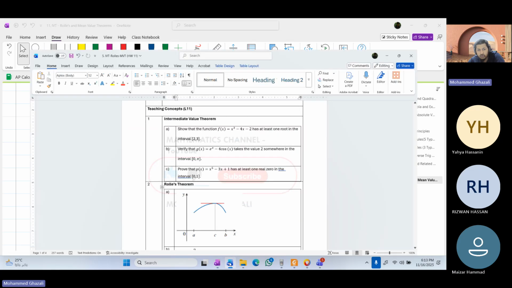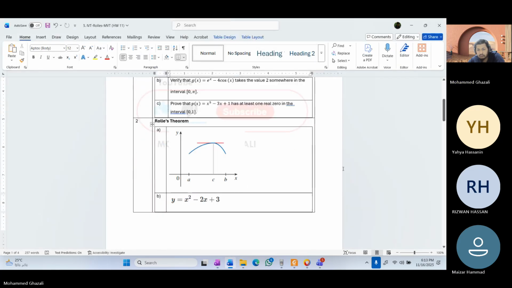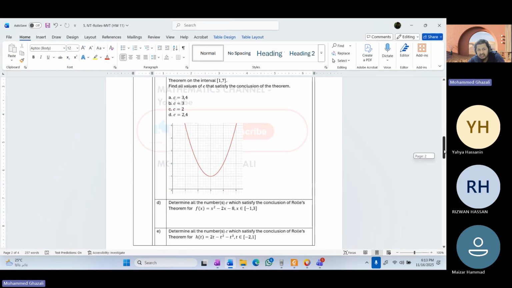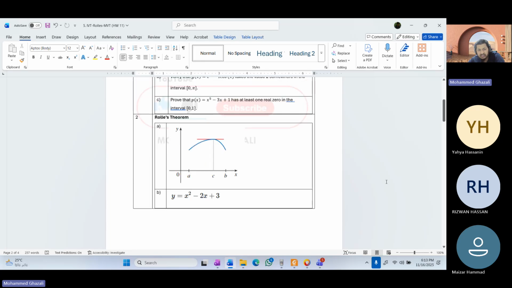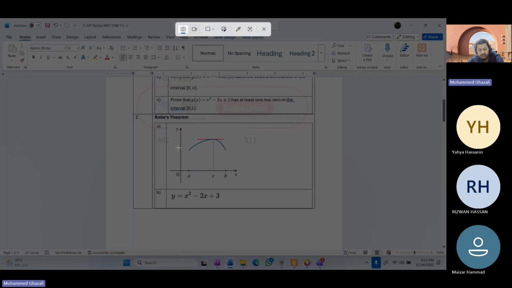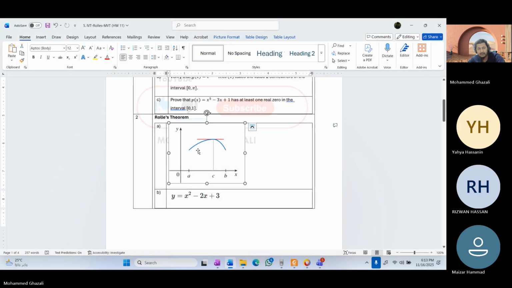Yeah, let's move on to Rolle's theorem. Now, Rolle's theorem is where we are doing derivatives, all right? So I'm going to explain Rolle's theorem here.